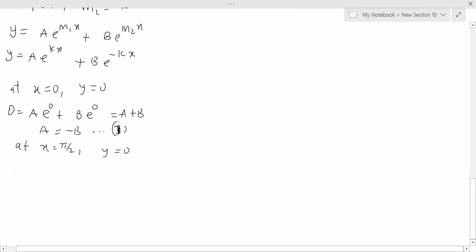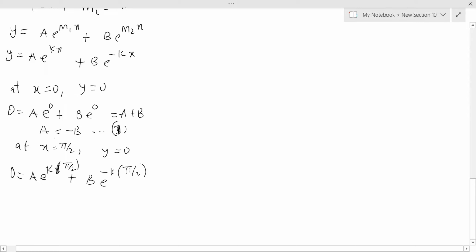Okay, so at this point, you substitute it into the general solution, you get 0 is equal to a exponential k pi over 2, because our x is pi over 2, plus b exponential minus k pi over 2.